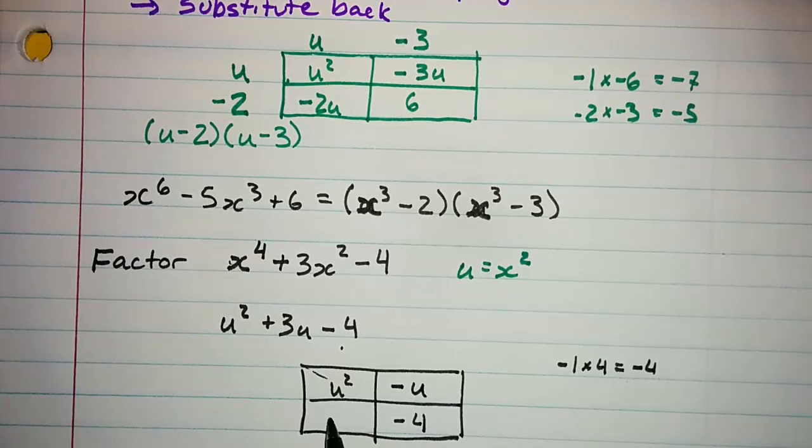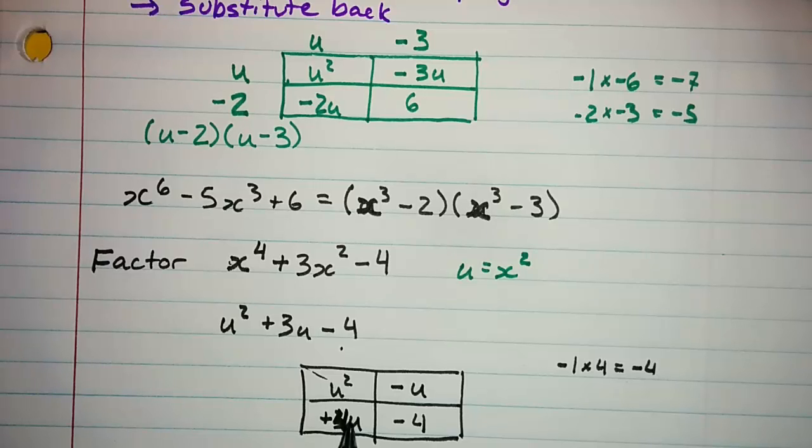So I'll have negative u, positive 4u. In this row, my greatest common factor is u. In this row, it's 4. U times what is u squared? U times u is u squared. So u times 4 is indeed 4u.